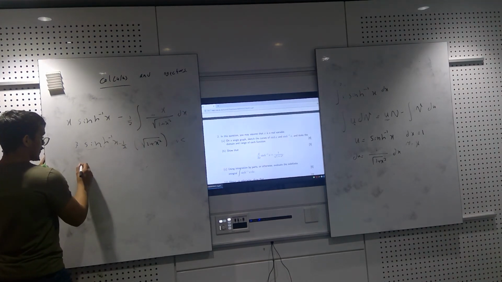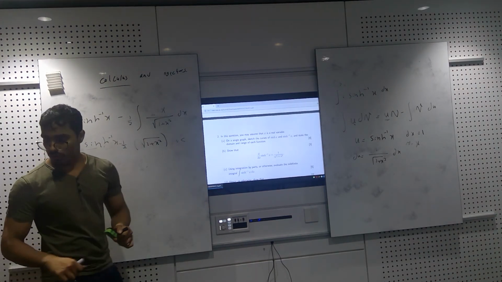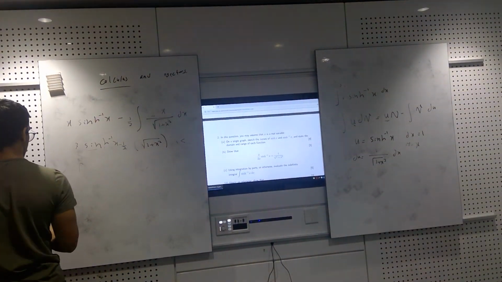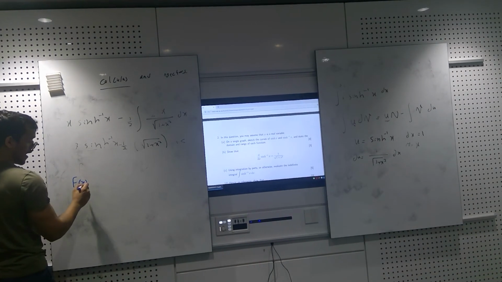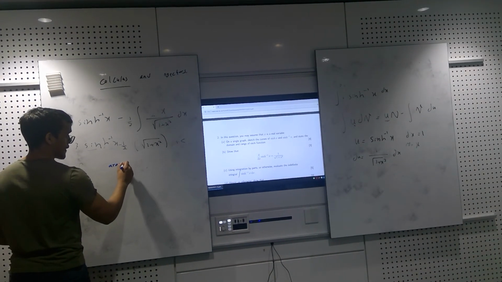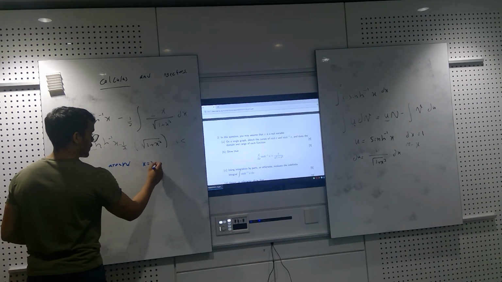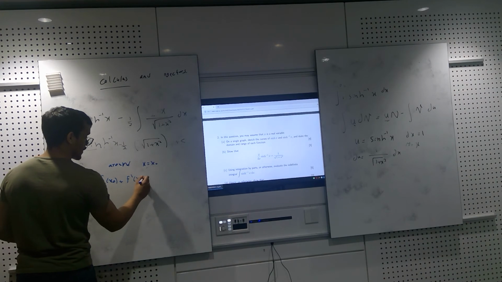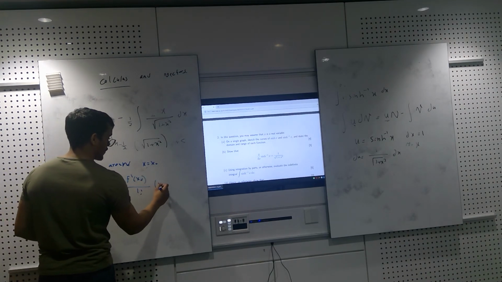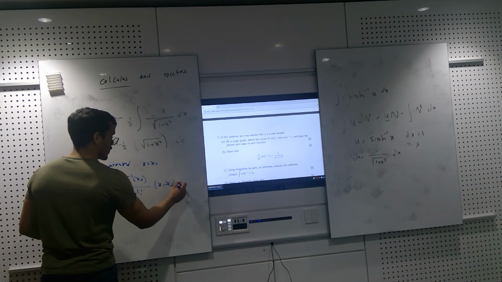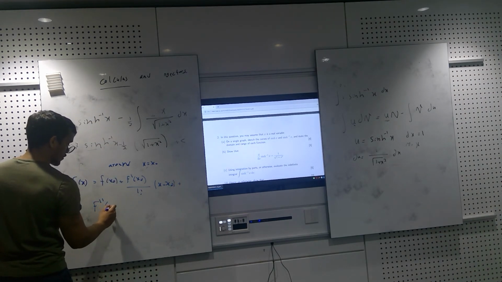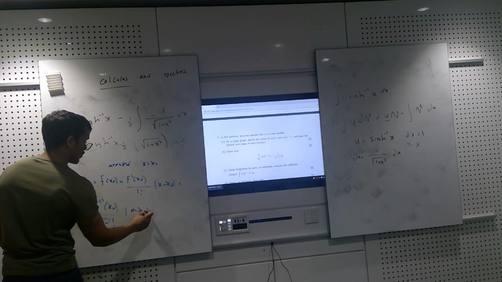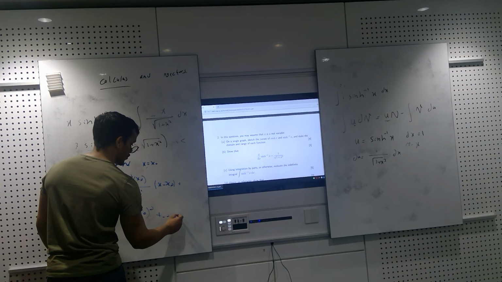And so the Taylor series of any function, let's call this function f of x, around x equal to 0, will be equal to f of x naught plus f prime of x naught divided by 1 factorial times x minus x naught, plus f double prime of x naught, the second derivative, divided by 2 factorial times x minus x naught all squared, and so on.